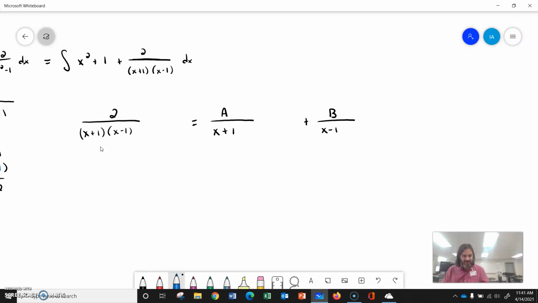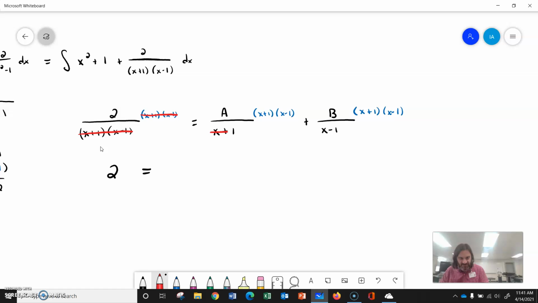So let's work this out. We'll multiply through by common denominators, x plus 1, x minus 1 on all fractions. Let's mark out what cancels. So x plus 1, x minus 1 goes out of the first term on the left.